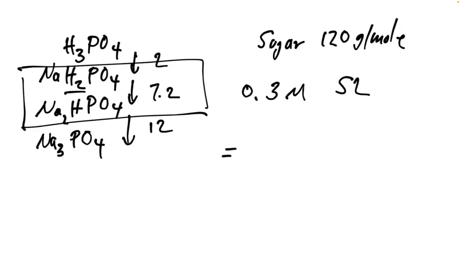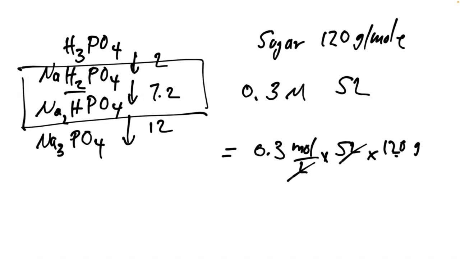So you could say, well, I know that I have 0.3 moles per liter times 5 liters. That'll leave you moles times 120 grams per mole. That just leaves you the grams. So if you do that math, you'll get how many grams I have to add to 5 liters to have that concentration.